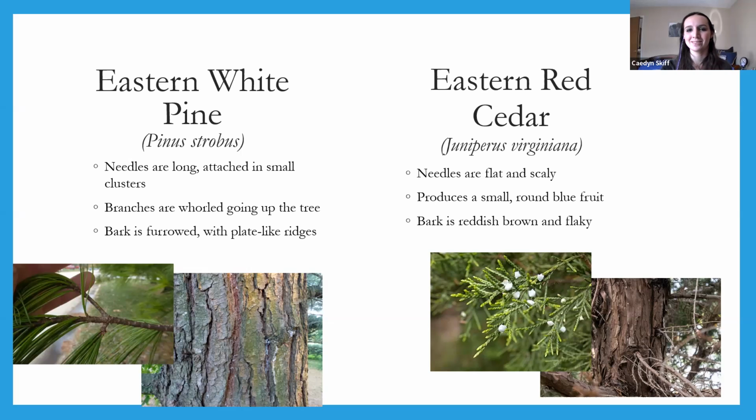So, if you're well versed in the scent of gin, you can crush that up and figure out it's a red cedar. But it's also got very distinctive bark that is reddish brown, and it's just flaking off all over the tree. It looks like the tree is shedding. That bark is just coming off.